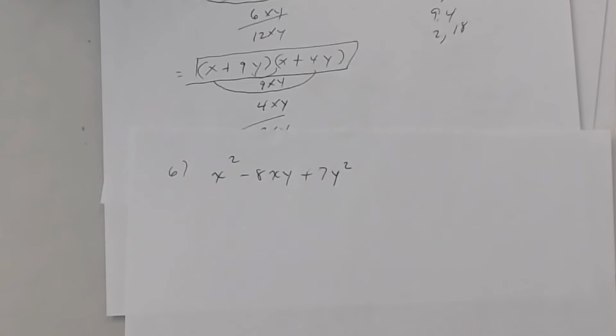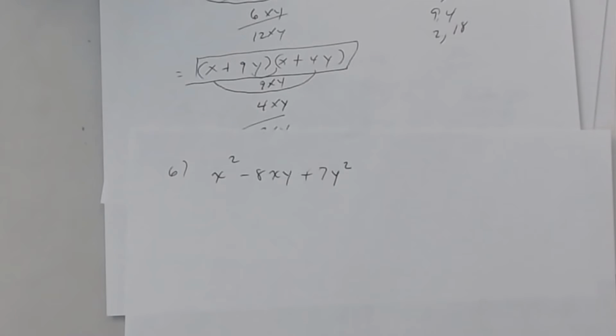So x squared minus 8xy plus 7y squared. And the more you do this, the quicker you become. So at this point, almost all of you should be able to tell me what the factors are, what the factorization is. What is it?